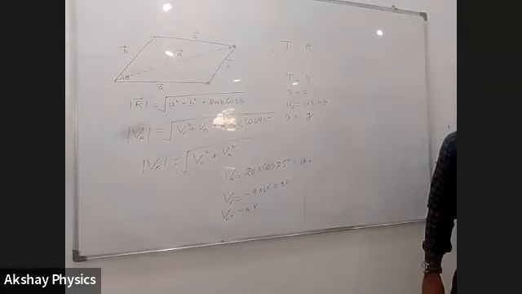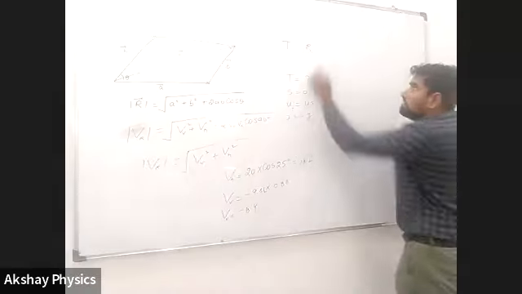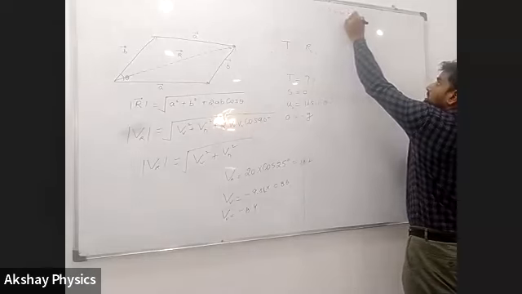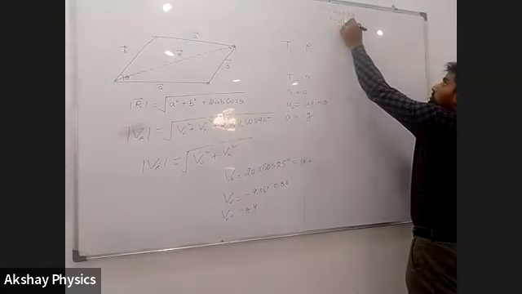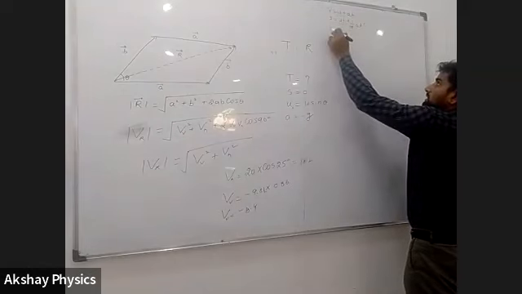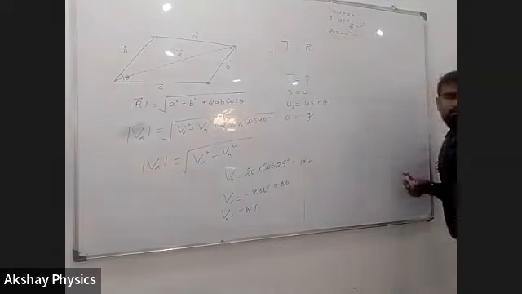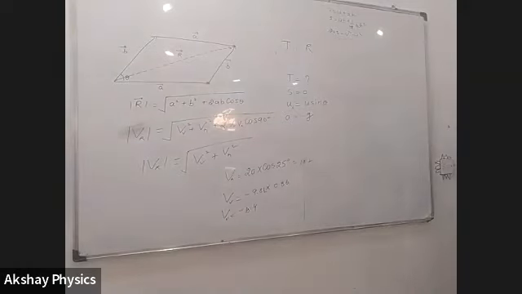So which equation should we use: v = u + at, or s = ut + half at square, or 2as = v square minus u square? Which one do you want to use for evaluating the time?